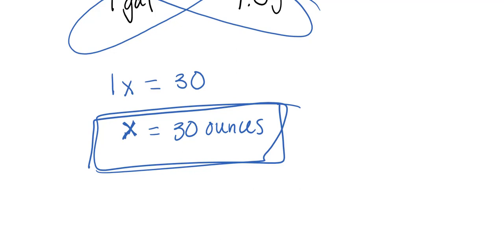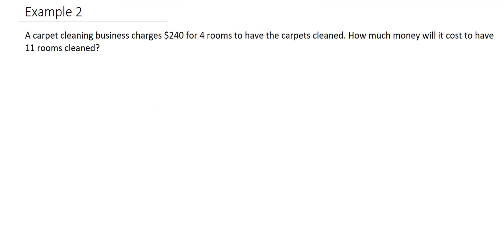Now let's do example 2. A carpet cleaning business charges $240 for 4 rooms to have the carpets cleaned. How much money will it cost to have 11 rooms cleaned? Well, for $240 for 4 rooms, it doesn't matter, we could put the 240 on the top or on the bottom, but then the 4 rooms is there.